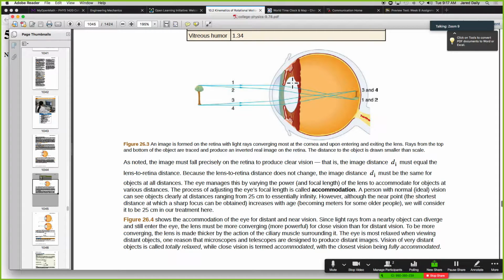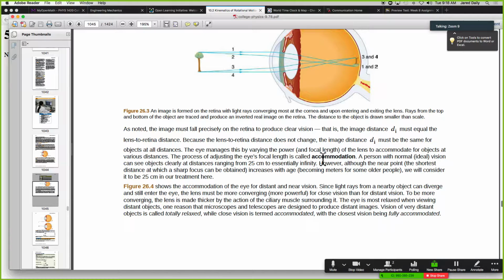Since your eyes are closed, it doesn't matter. Then you wake up and open your eyes, and all of a sudden all this light comes in and it's focusing in different places. So you get a very blurry image until your irises start to close so that only light hitting the flat part of the lens in the middle comes through, the flattest part of the lens. As you get further out, it just gets more and more curvy.